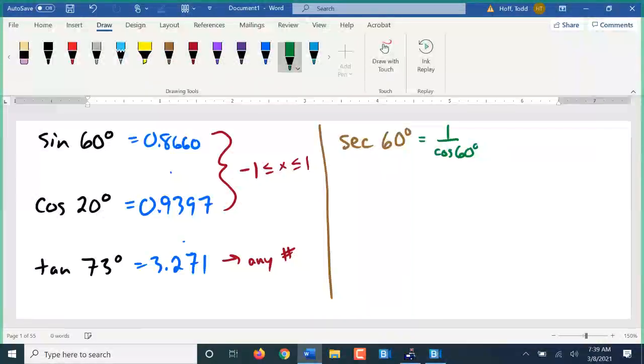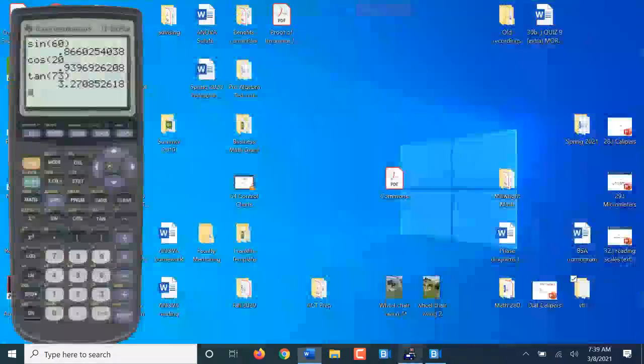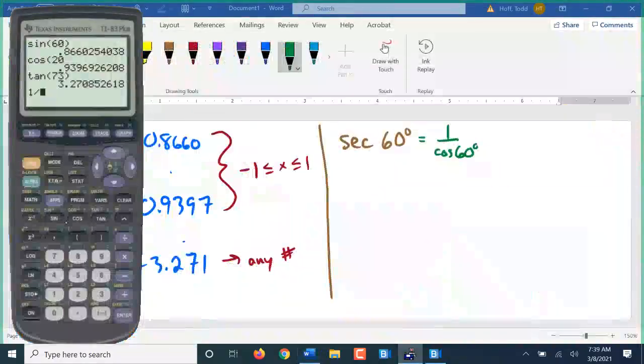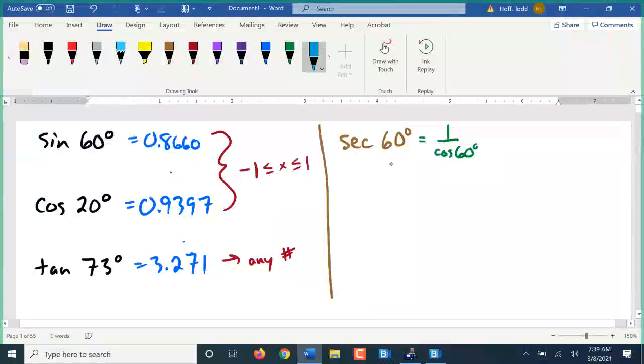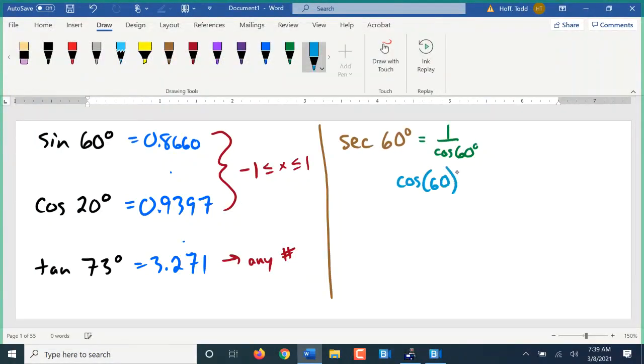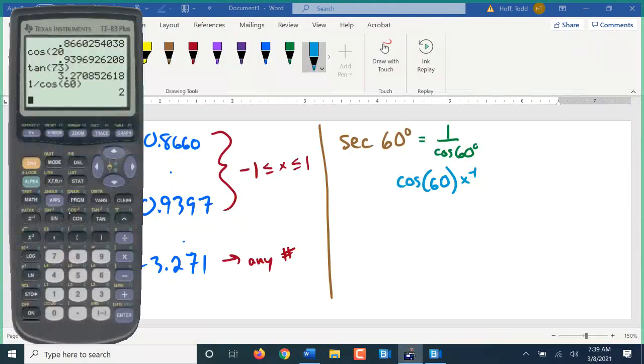And you could just type it in just like that, like I just showed it there. 1 divided by the cosine of 60. It will give you the correct answer, which is 2. But we found a shortcut for entering that last week. Cosine 60 degrees, close the parentheses and hit the x-1 key, and it does give us that 2.